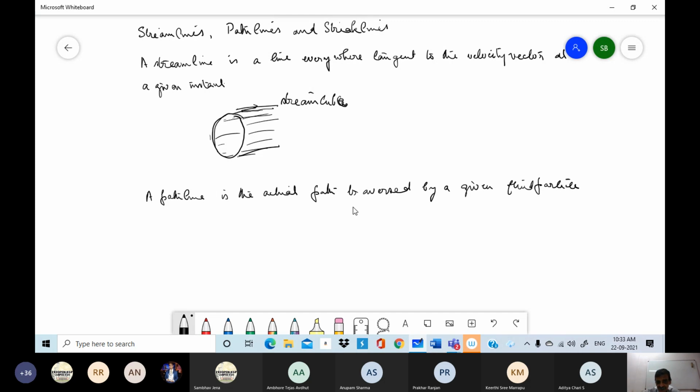So a path line is the actual path traversed by a given fluid particle. So how do you plot a path line? In the setup which we were considering earlier, you have a fluid flowing in from here, and you want to find out what is the velocity distribution in this.